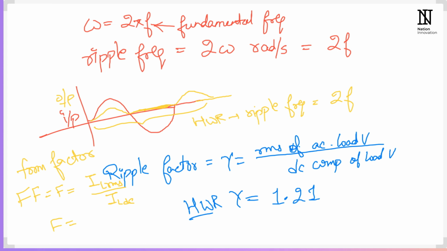The form factor for a half wave rectifier is pi by 2, or 1.57. These are the important parameters which are directly asked in exams, like what the ripple factor or form factor is for a half wave or full wave rectifier or any kind of rectifier.